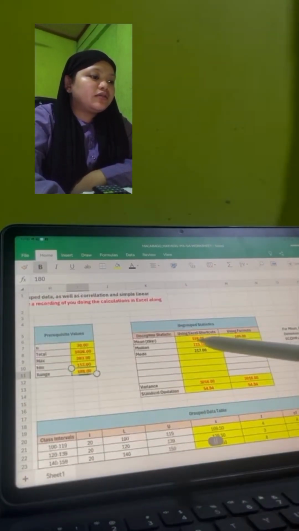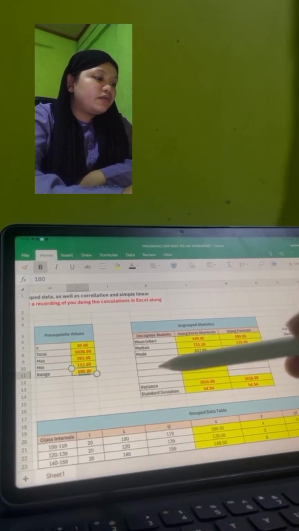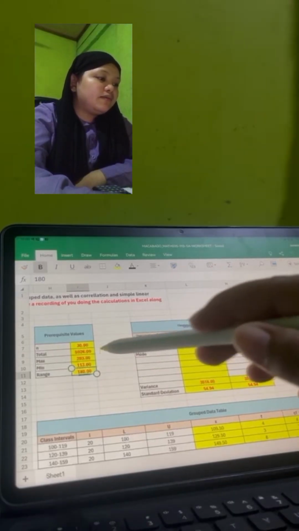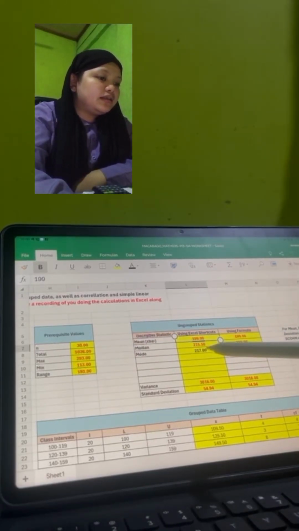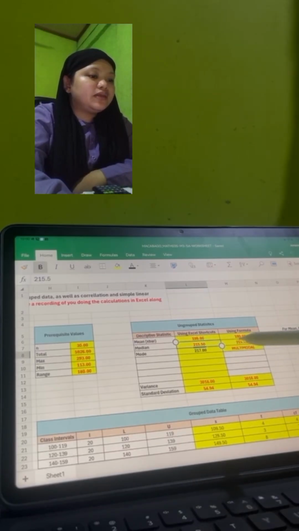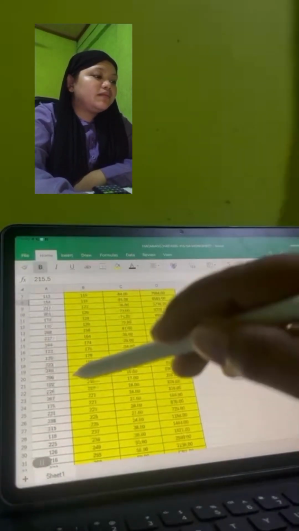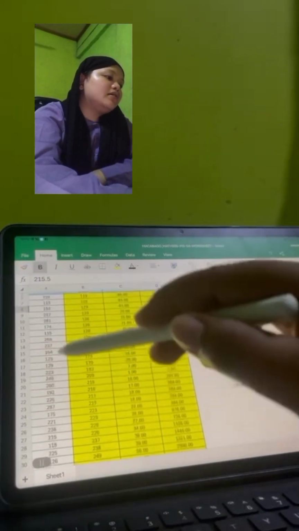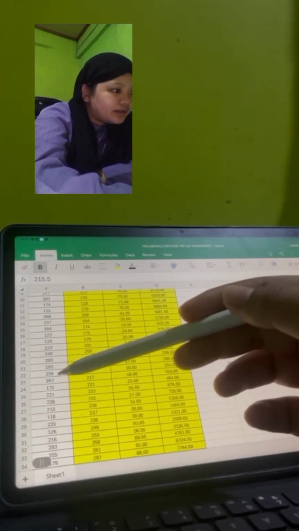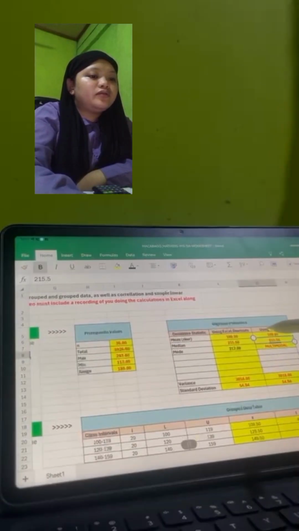And now here, as you can see, the mean, x bar, is 199. When you divide the sum 5926 by 30, you get 199. And now the median is 215.50.